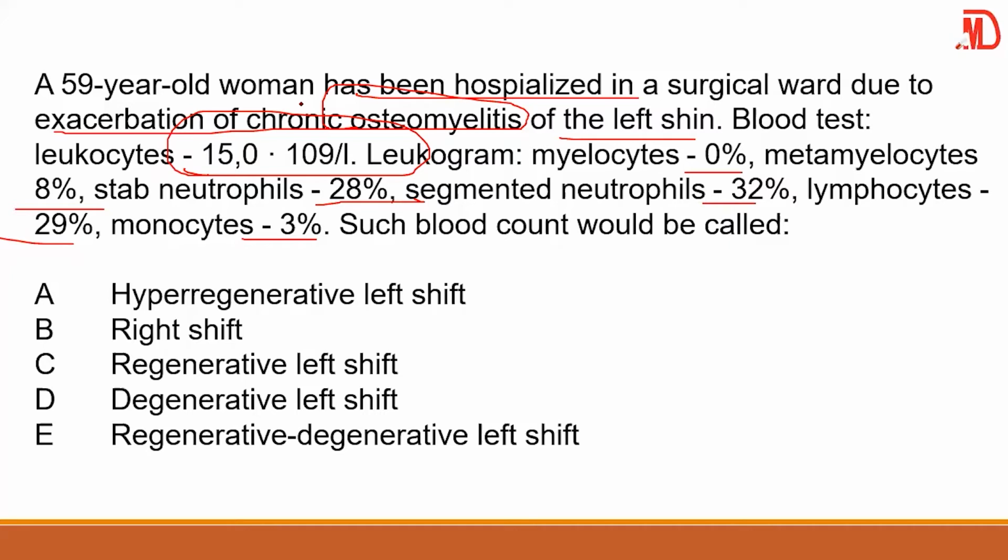Basically, the neutrophils, particularly the neutrophil band cells. Now, band cells, some books refer to as stop neutrophils. Band cells, stop neutrophils, these are all the same thing. So when there are a lot of them, we're basically thinking of a lot of immature cells, and that's a left shift.